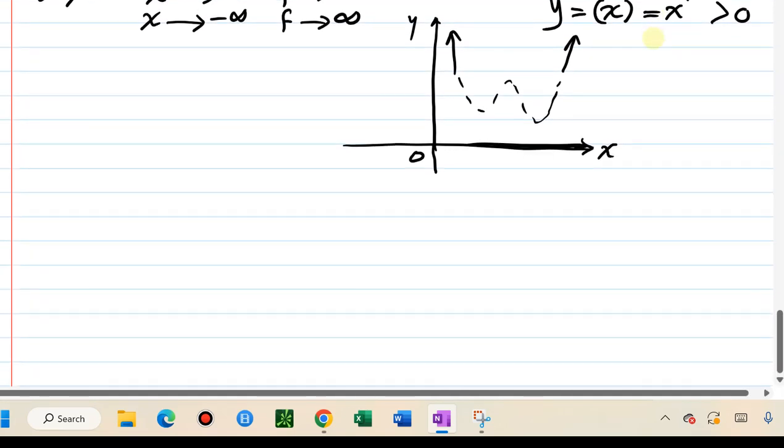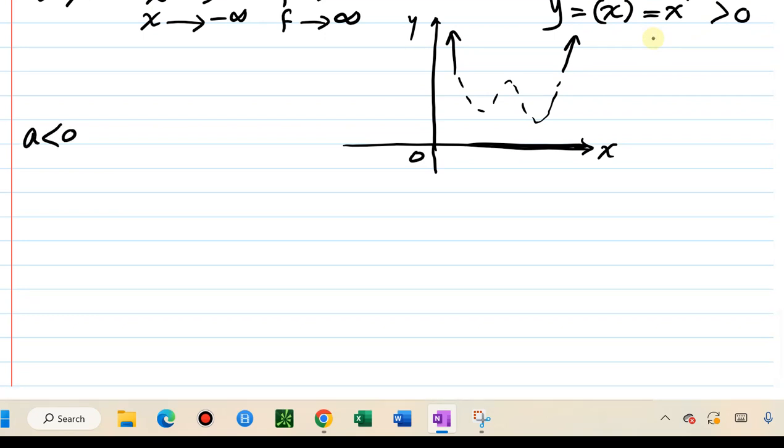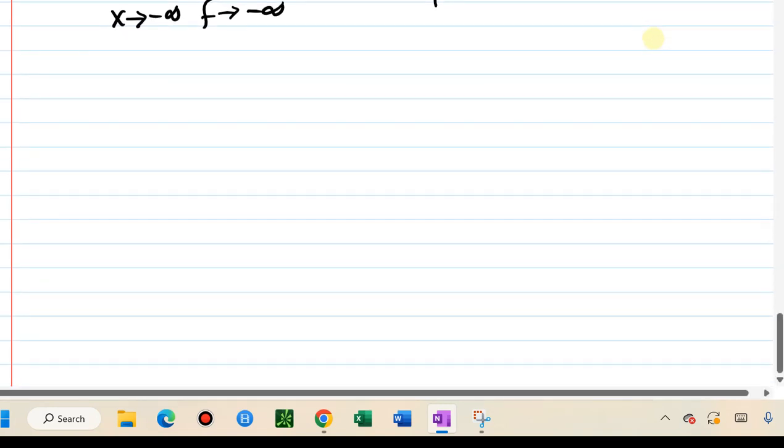Let's keep the dominating term the same, but let's change the leading coefficient to a negative. This time, as x goes to infinity, the function should approach negative infinity because now the leading coefficient is negative. Okay? And as x approaches negative infinity, the function will stay at negative infinity. Okay, so how's this one going to look like?